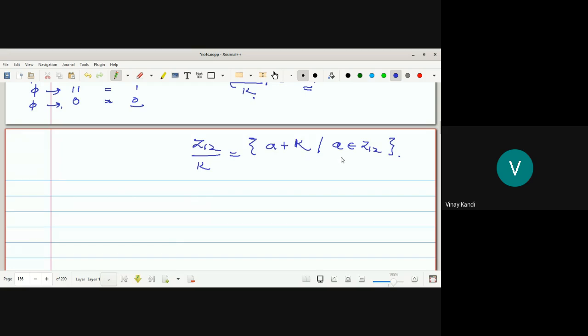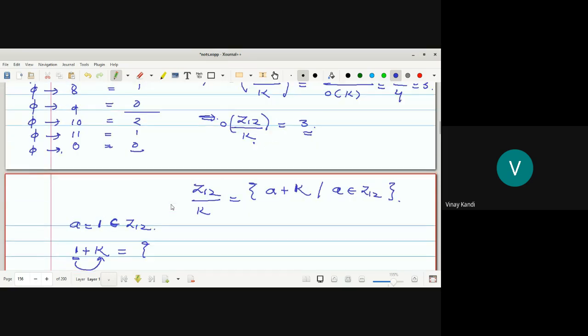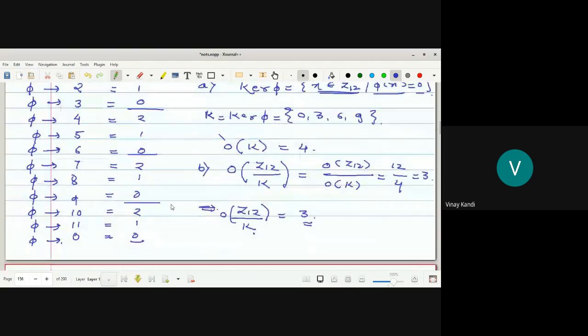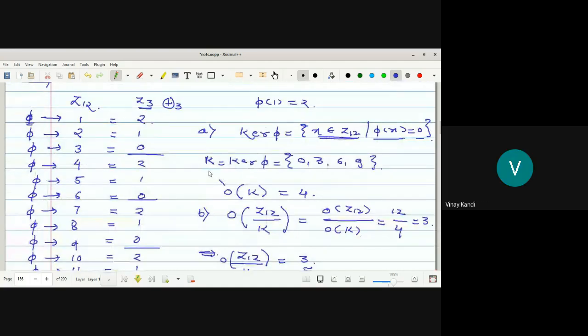Now take a equal to 1, which belongs to Z12. Then we get 1 plus capital K. Now tell me this: add 1 to each and every element of K. Where is your K? K is 0, 3, 6, 9.